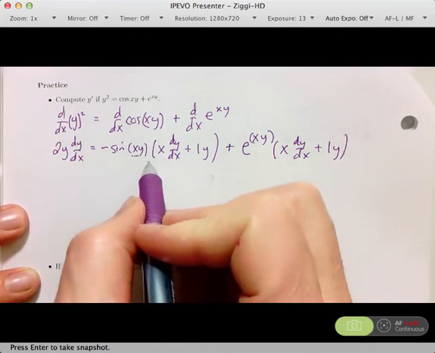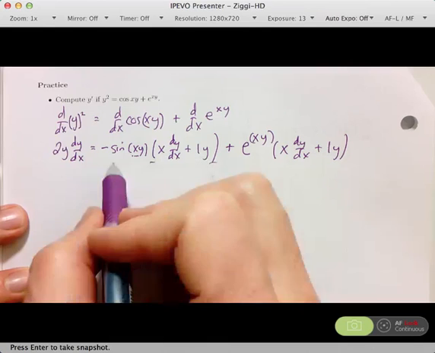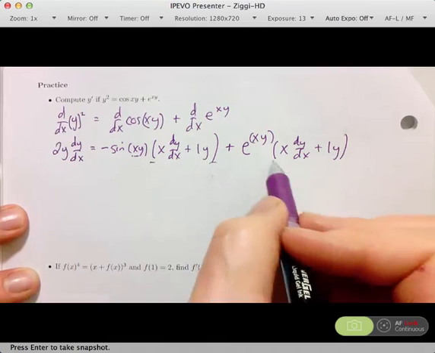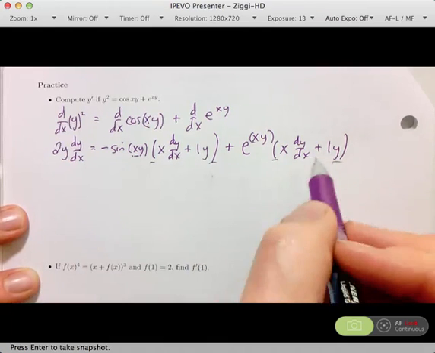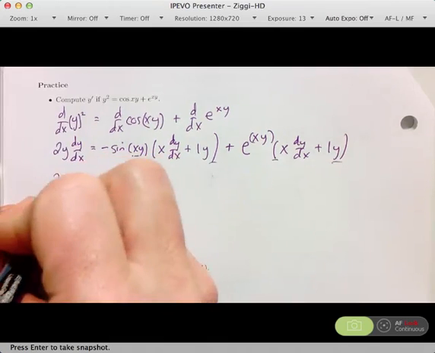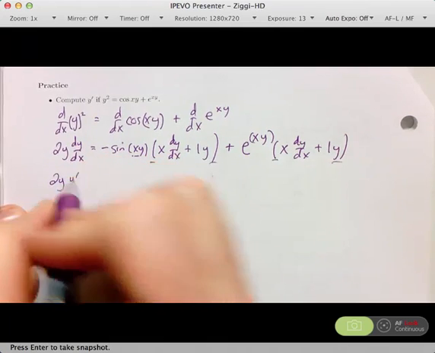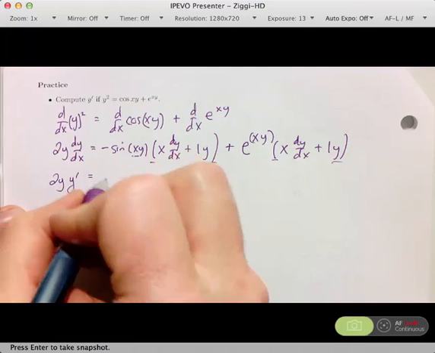The way I like to go here is to get rid of these parentheses by multiplying things through. I'll change the dy dx's to y primes at this point for simplicity.